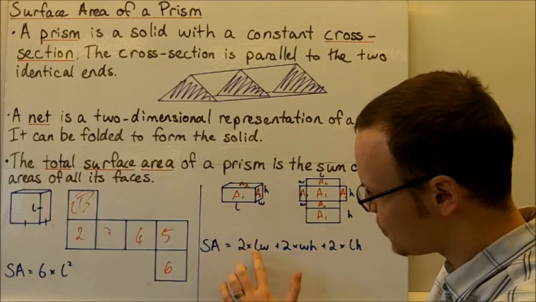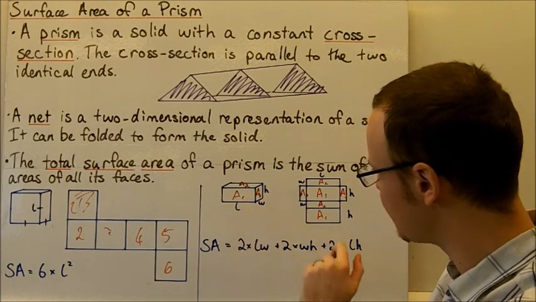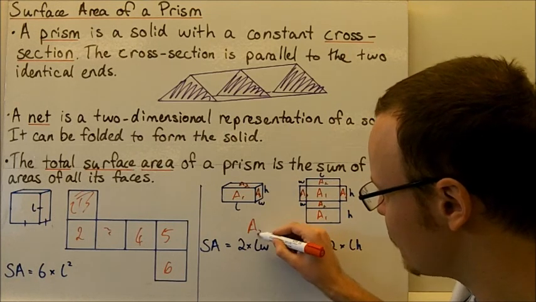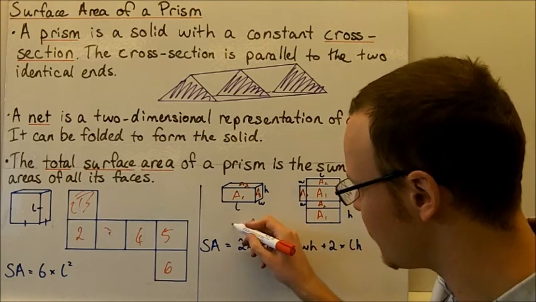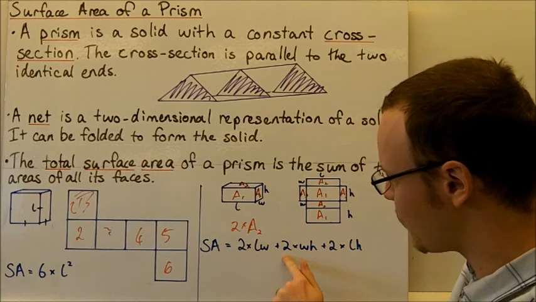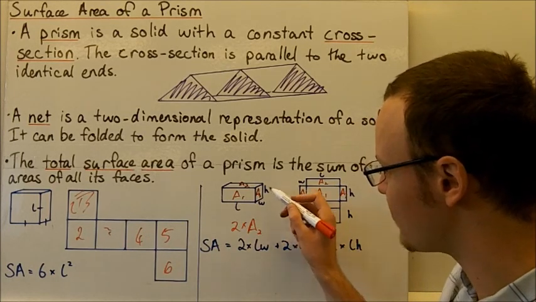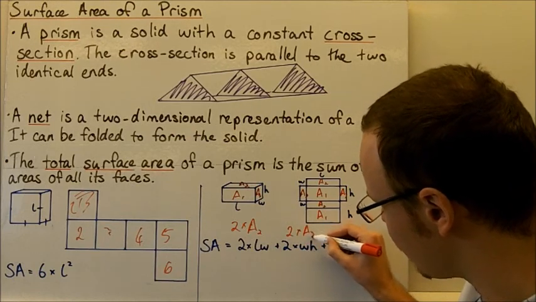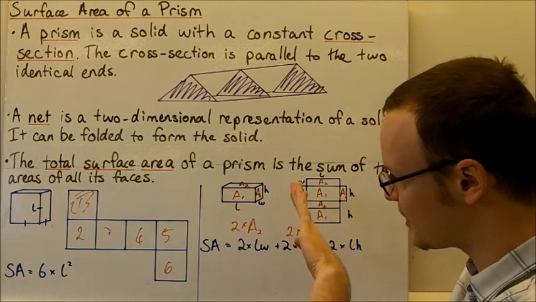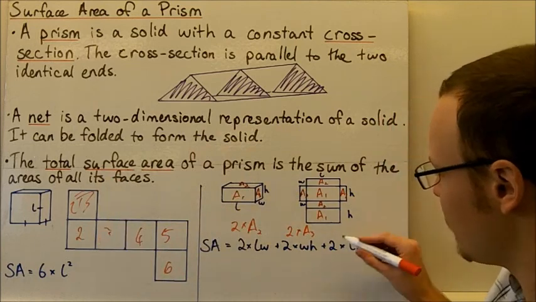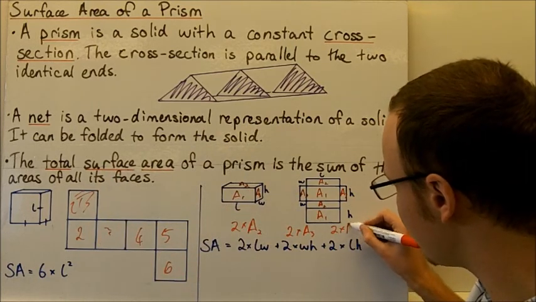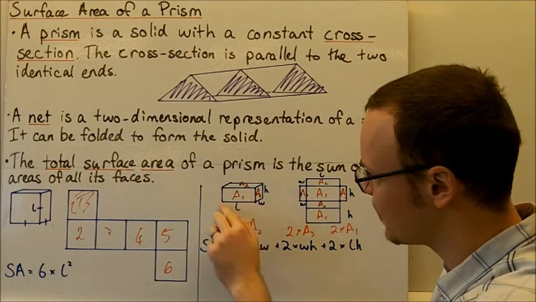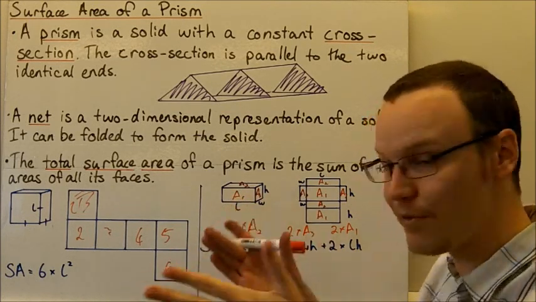So we've got 2 times length times width. That's A2 here, 2 lots of A2. Here we've got 2 lots of width times height. So that's 2 lots of A3 here, 2 lots of the third area, the left and right hand sides, plus 2 lots of A1, length times height, the front and back.